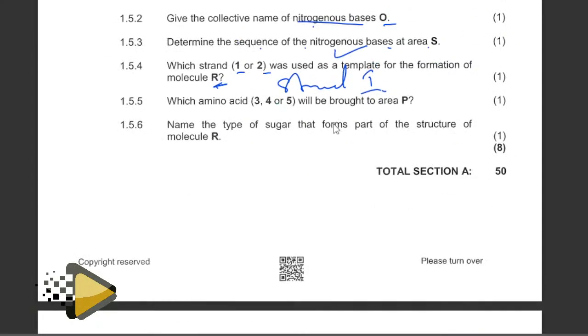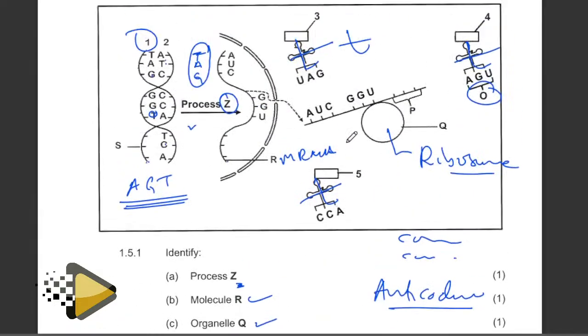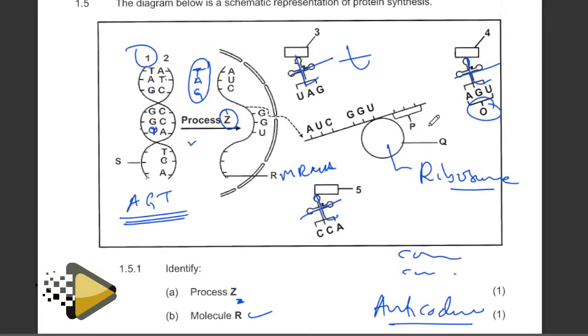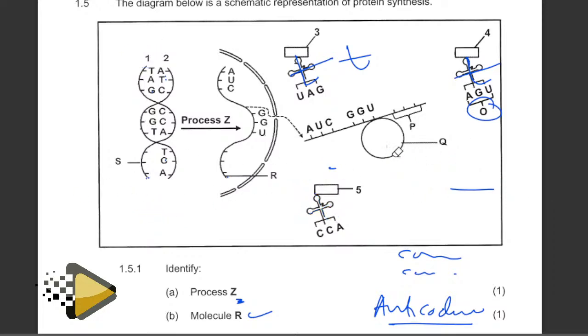Then they're saying which amino acid, 3 or 4, will be brought to area P. Where is area P? Okay. Guys, there is something which was hidden here. Let me show you that hidden part of it. And I hope you got it right using the elimination method.